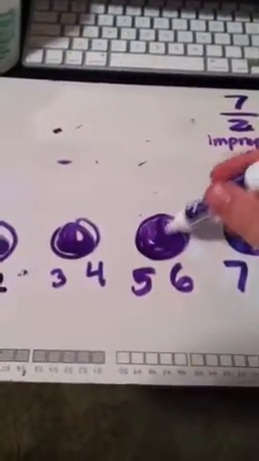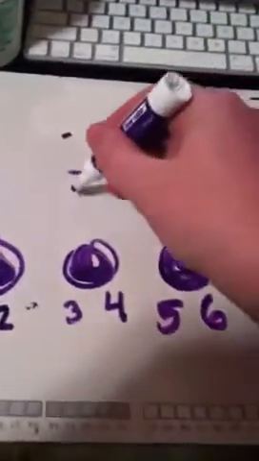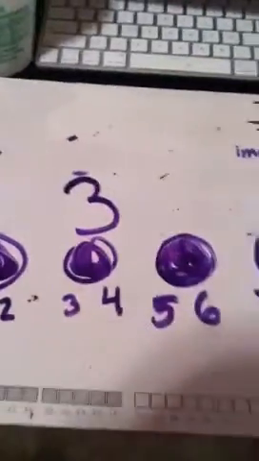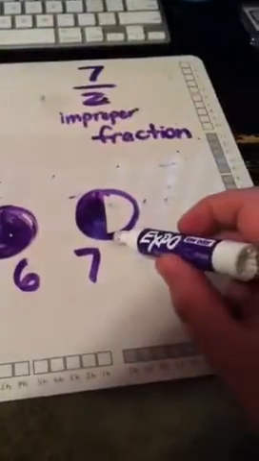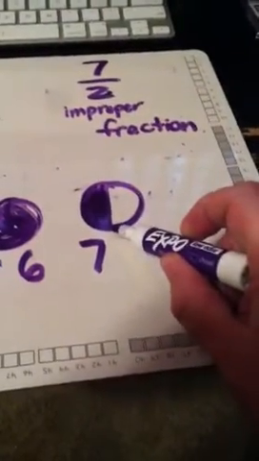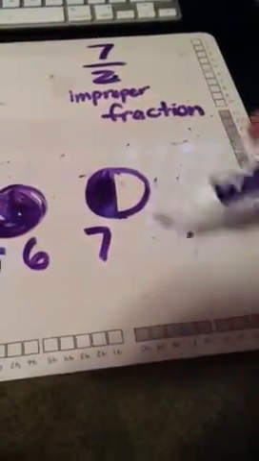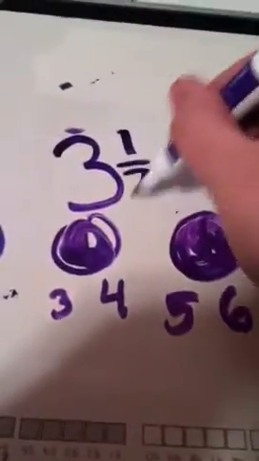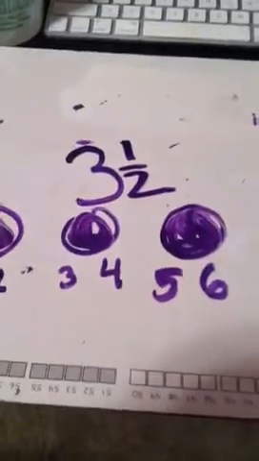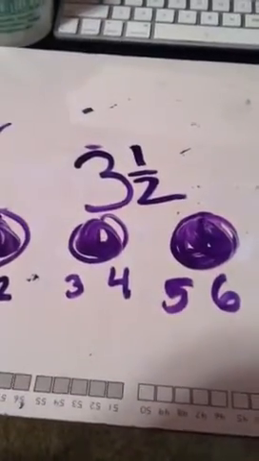So that's going to be the whole number in my mixed number. I then am going to look at the picture that I only partially colored in. And in this case, my fraction is 1/2. So there's my mixed number.